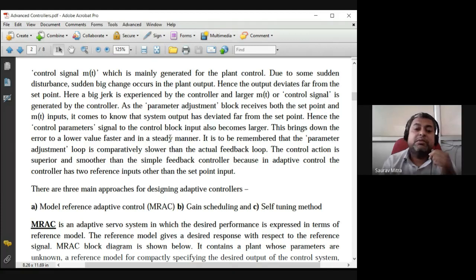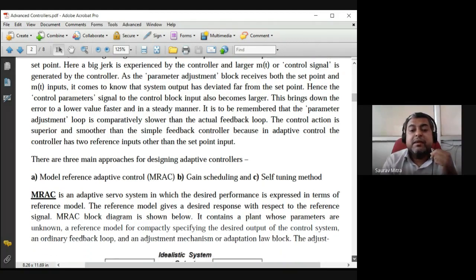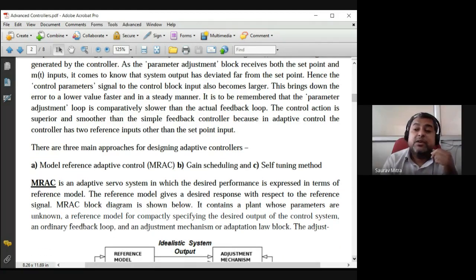It is to be remembered that the parameter adjustment loop is comparatively slower than the actual feedback loop. Obviously, the actual feedback loop is the process and control around, so that is very fast. But parameter adjustment is a loop where the decision is to be made, and it is very slow.